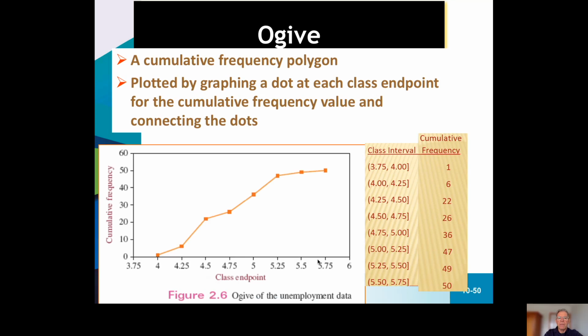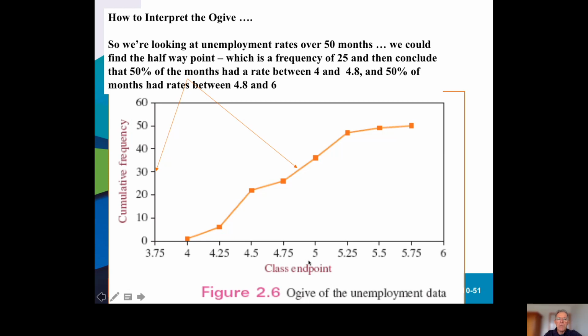An ogive, here it is, using the cumulative frequency, and we can see the unemployment rates going through. Now, with graphing the cumulative frequency, remember numbers, frequency up here and the rates here, the advantage of the ogive, the best way to interpret the ogive: a lot of people are looking, well, where's the top 10% or 90% of the months? What was the unemployment rate?